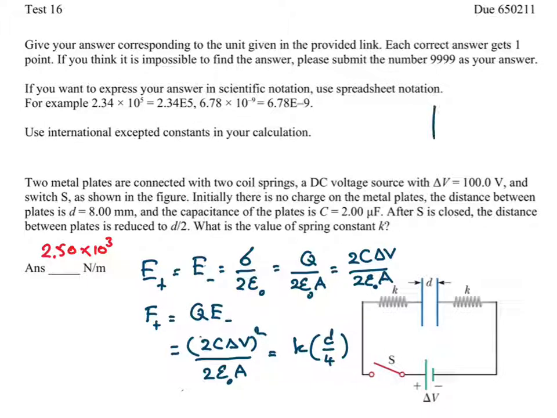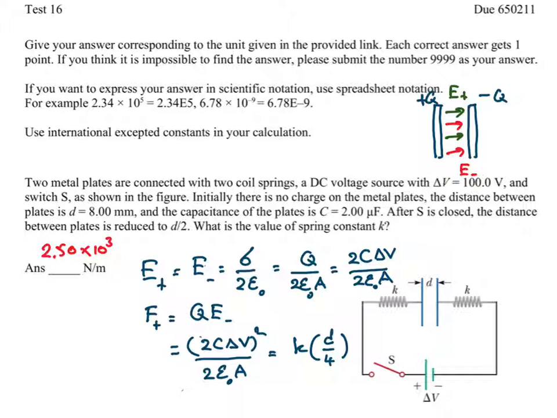When we have a parallel plate capacitor, with the positive charge on one side and negative charge on the other side, we know that in between we have the electric field that comes from the positive charge and the electric field that comes from the negative charge. We have the positive Q on this plate and negative Q on this plate.